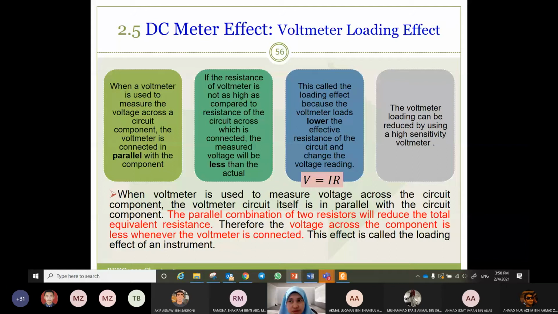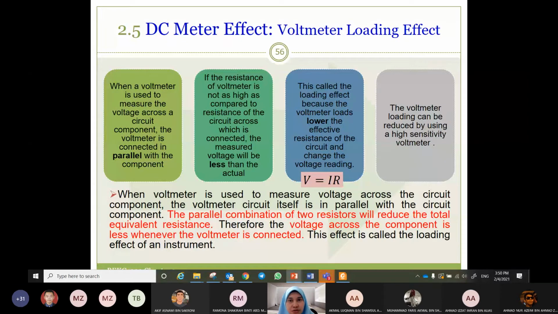In the voltmeter we have internal resistance. We have RS and we have RM as well. So when we put the voltmeter across a resistor that we want to measure, we would get a lower voltage compared to theory, compared to calculation.